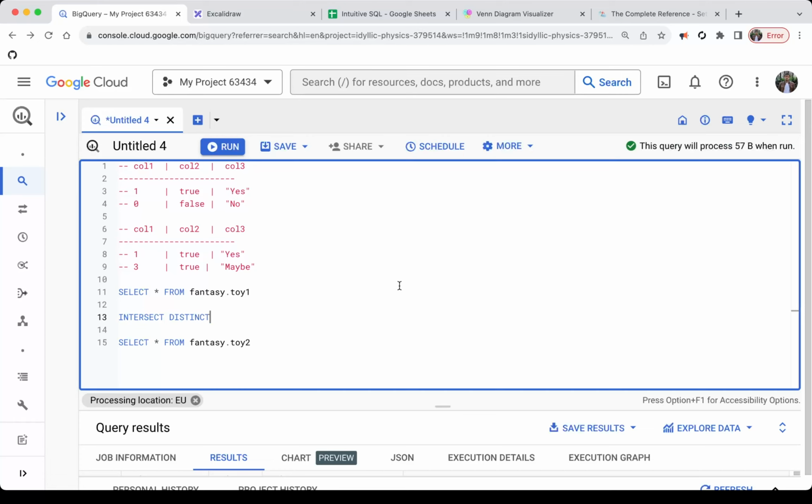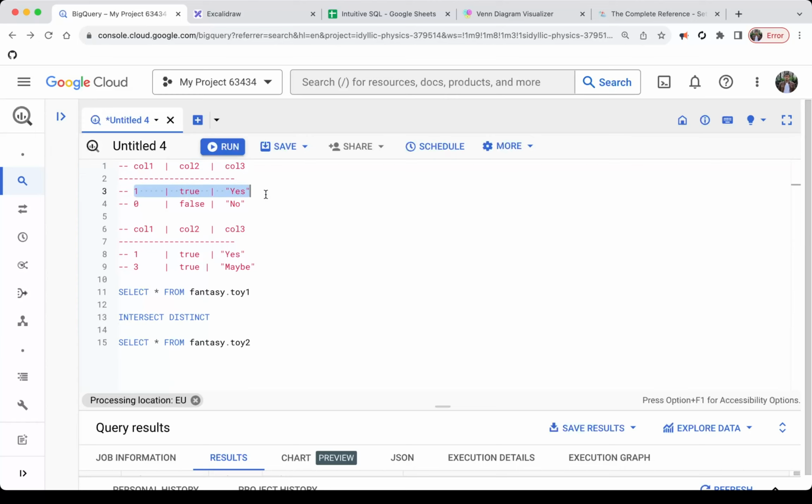What do you expect to see after I run this command? Take a minute to think about it. What I expect to see is only the rows that are shared between the 2 tables. There is one row which is shared between these 2 tables, which is the one true yes row, which we have seen.